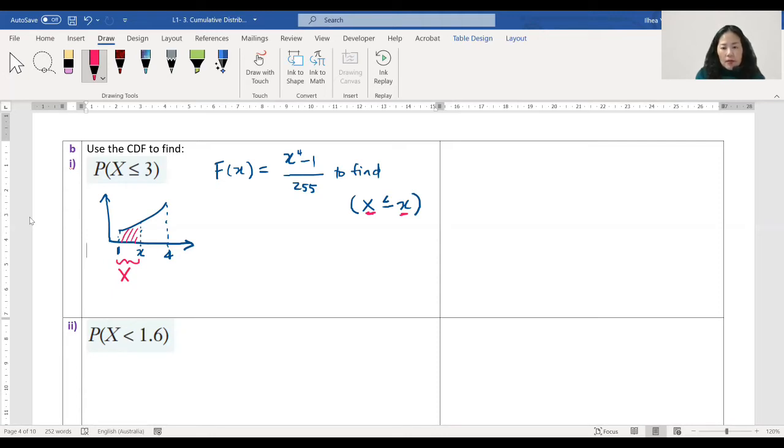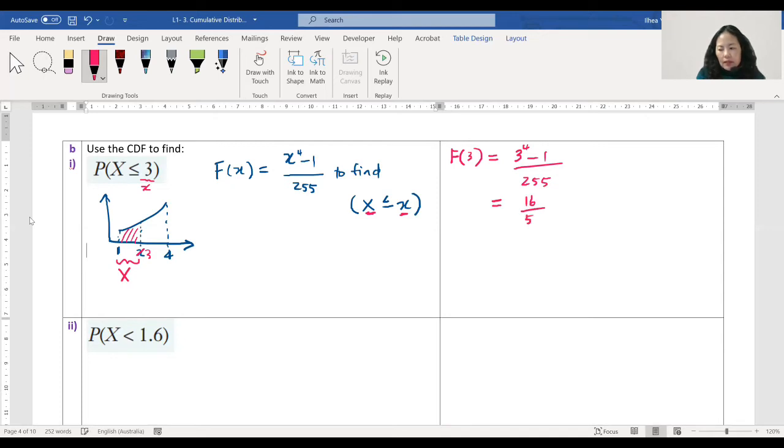So it's going to go up to 3, isn't it? That's our little x, by the way. So I'm going to put 3 here. And then, of course, 3 to the power of 4 minus 1, over 255. Put all that in your calculator.